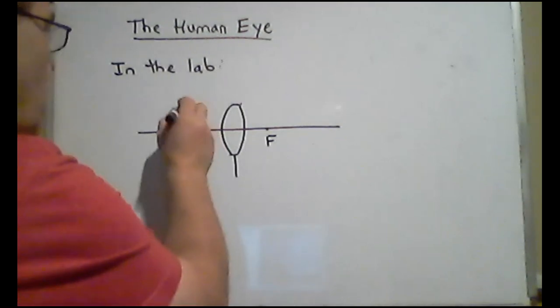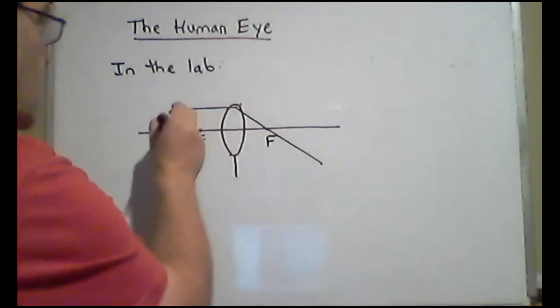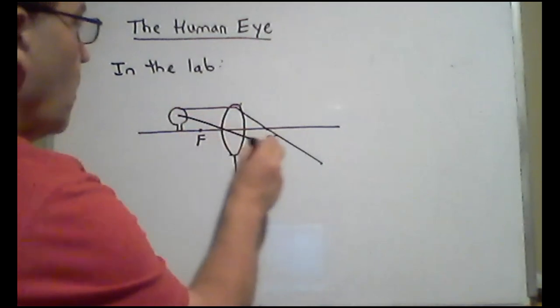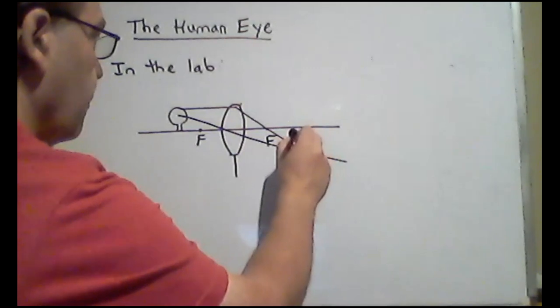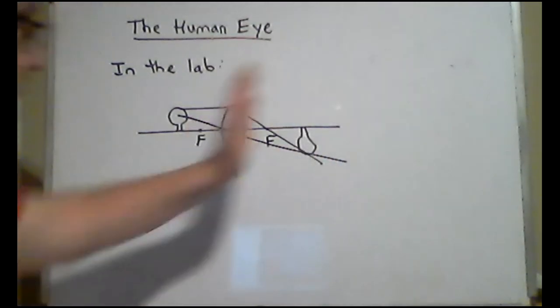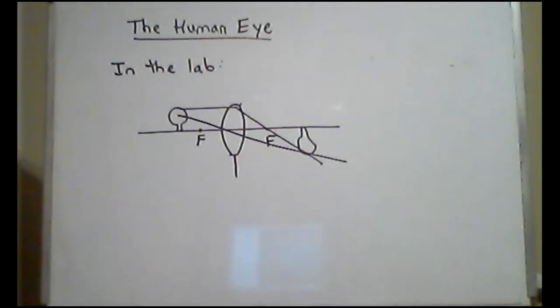Well, as I move it around, as I said last time, maybe it goes over here now. And if I move it in various places, the image of the light bulb will move around.